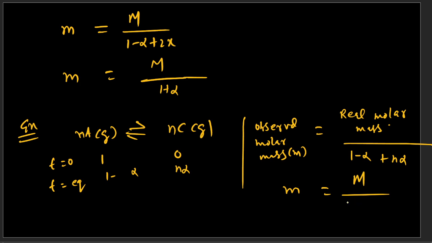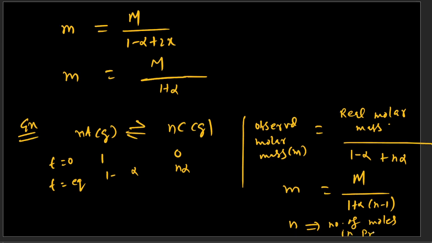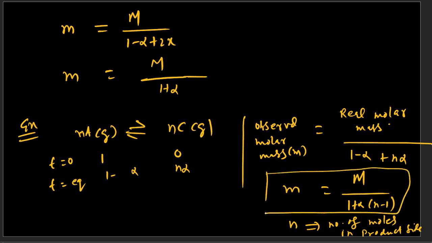So for this case, 1 plus alpha (n minus 1). So here n is the number of moles on the product side. This is the observed molar mass.